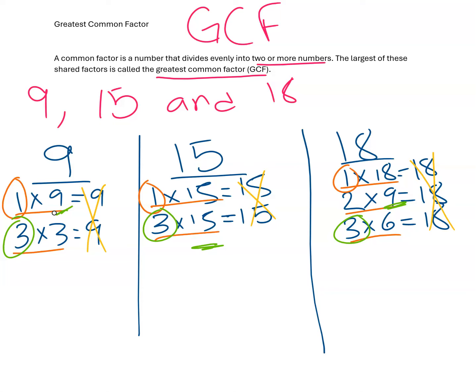Now, some people like to organize their work. Maybe your teacher might require that. So you can write down 9 equals, and you can write the factors in order from least to greatest.